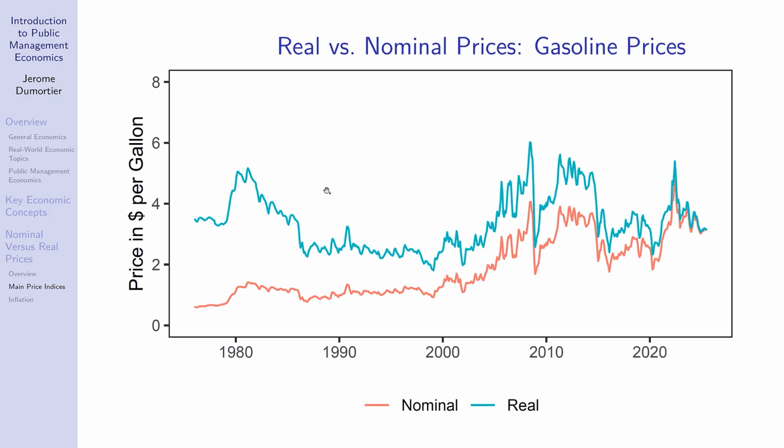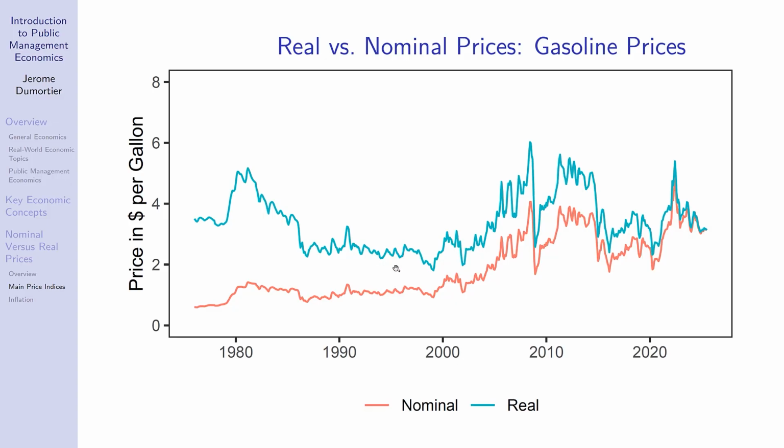And you can see that if you apply the real value, the gasoline price in 1980 was not around $1, but was probably closer to $3 or $3.50. Okay? So there is a significant difference in gasoline prices if you compare the nominal to the real value.